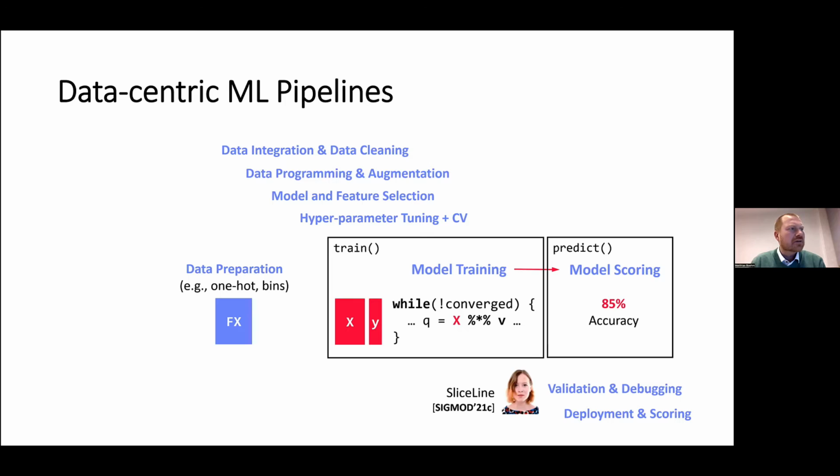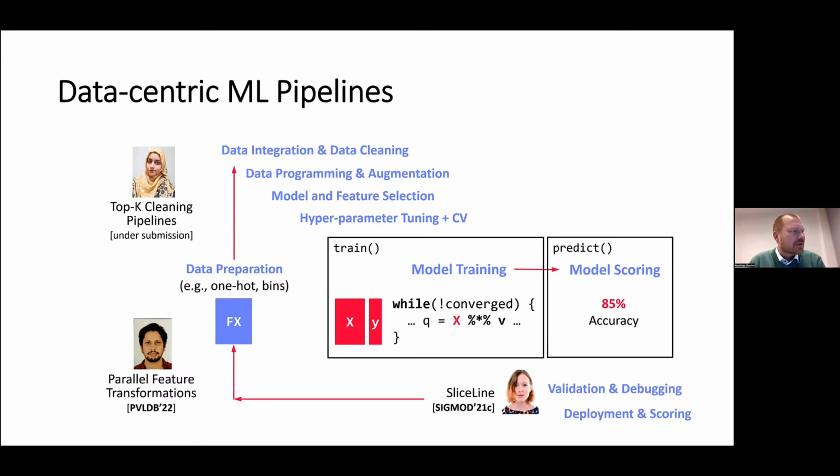So we also did some work in the surroundings of the core training. One work I will talk a little bit about is SliceLine from Svetlana, who was my first master's student at TU Graz, where we essentially try to identify effectively what are data slices in terms of conjunctions of attributes, where our model, instead of 85% accuracy, maybe has just 55% accuracy, which allows us to then find additional examples.